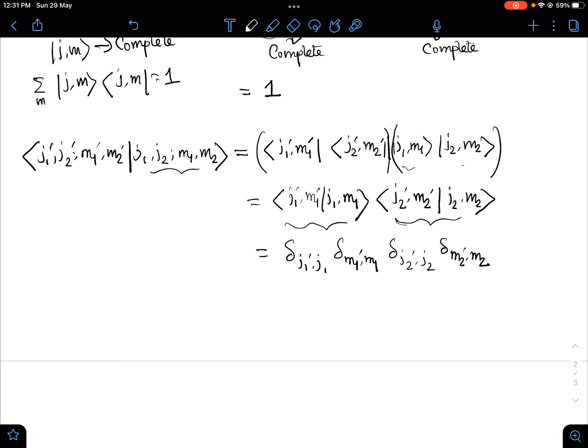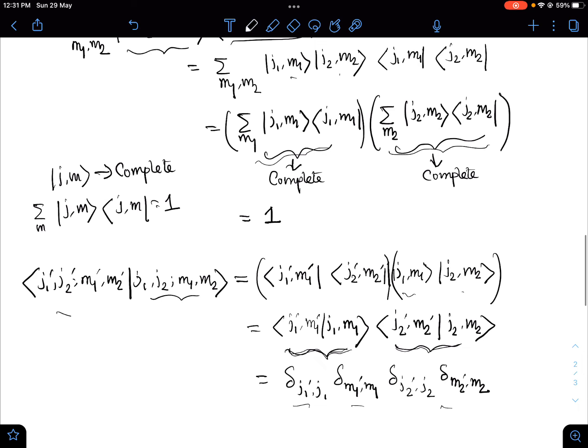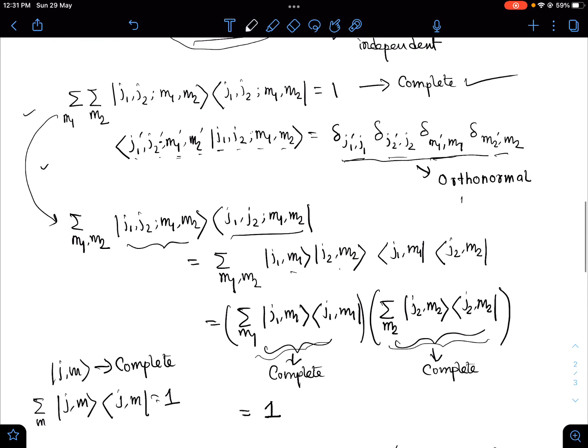This is from our single particle angular momentum states, and we already know that they satisfy these properties. So we can see that this also satisfies the orthonormality condition.